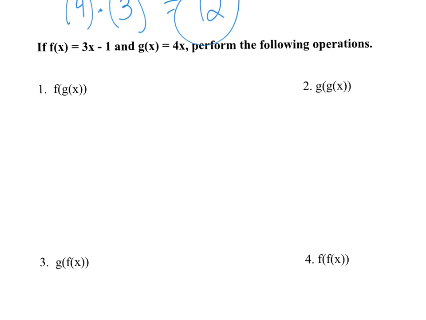You're not plugging anything in. You're doing f of x plus g of x for 5. If you want to write it down, you can. For 6, you're doing g of x plus g of x. You are not plugging any numbers in. You are just adding the functions, okay? All right, go ahead and start on those. Get at least one done.